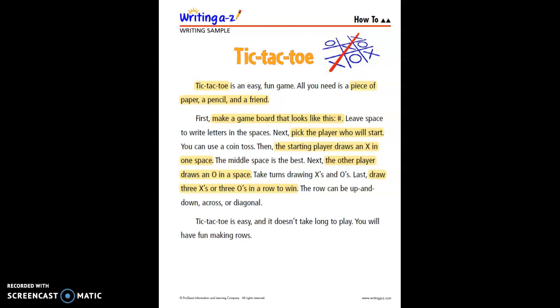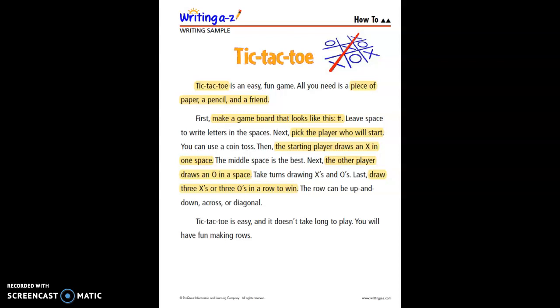Pretty confusing, right? Who is the player that draws the X? Where are they supposed to put it? If you don't have every detail there, it might be a little bit confusing, especially for someone that doesn't know how to do this game. So be sure you are being very clear in using good word choice.